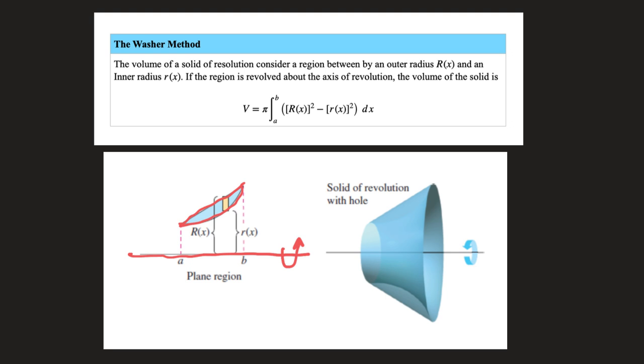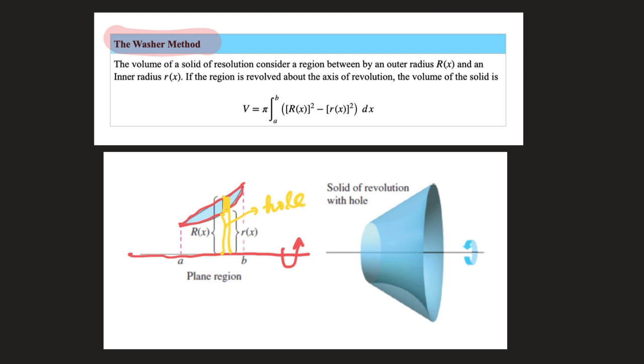Like the disk method, we make a rectangle perpendicular to the axis of revolution, but this rectangle has a hole next to the axis of revolution. This is a hole. That's why we're going to use the washer method. You can clearly see you have to use the washer method because there is a hole right there.